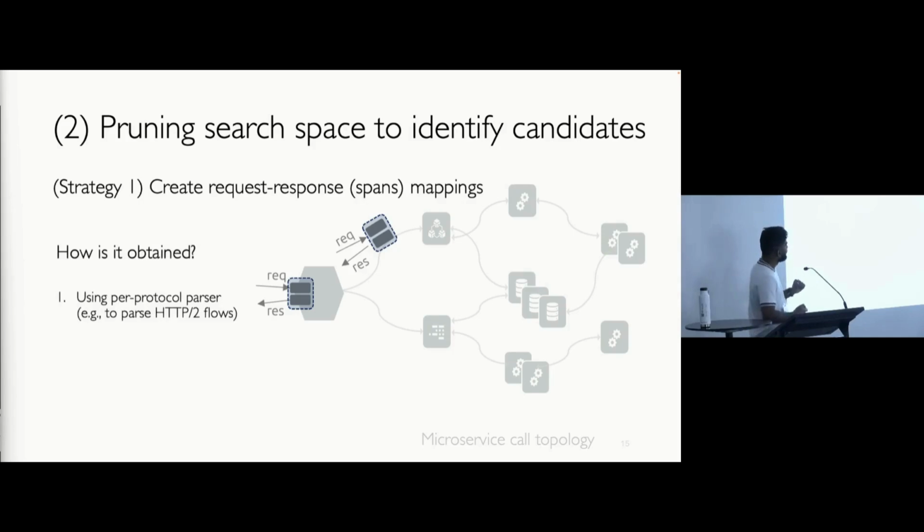So for this, we use per-protocol parsers, where we identify what protocol a request is following, and then we map it to its corresponding response. For example, in HTTP2, if you know the stream ID of the request, requests and responses are aligned in FCFS order within it. So it's easy to map requests to responses. However, I should reiterate that this does not solve the mapping problem because we still cannot map the incoming spans to the outgoing spans. So that still remains a challenge.